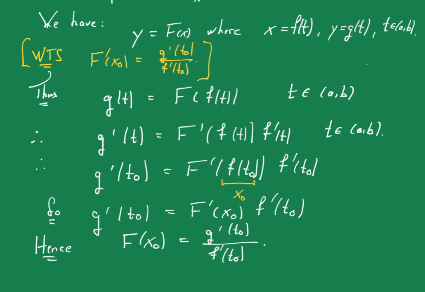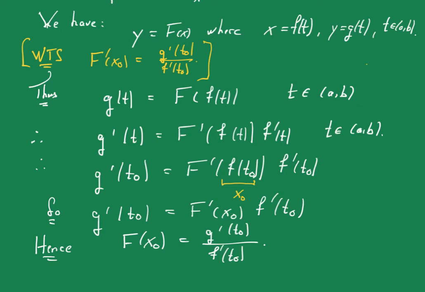So let's see that we can, in fact, derive this statement. So we have y is capital F of x, where x is f of t, and y is g of t for t in ab. So rewriting this y equals F of x, what do we have? This y is g of t. So on the left side, I've written g of t. And the x here is little f of t. So capital F of x becomes capital F of little f of t for t in AB.